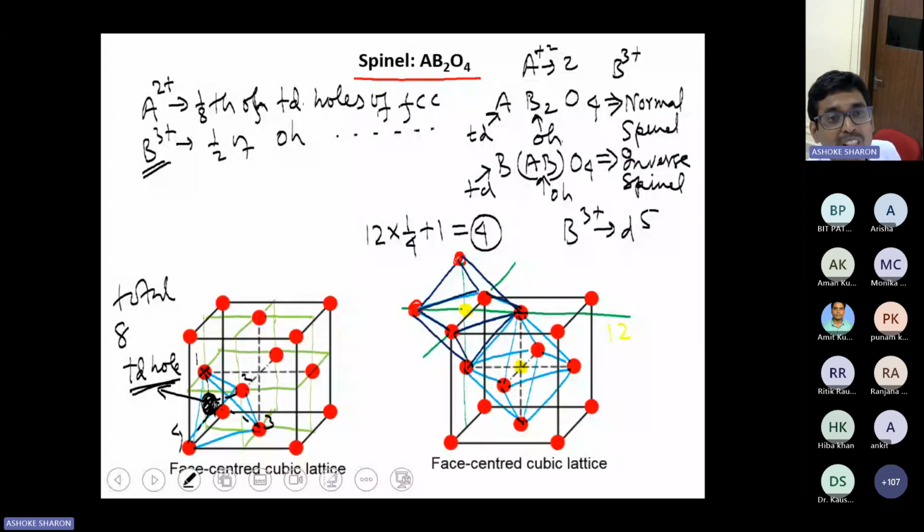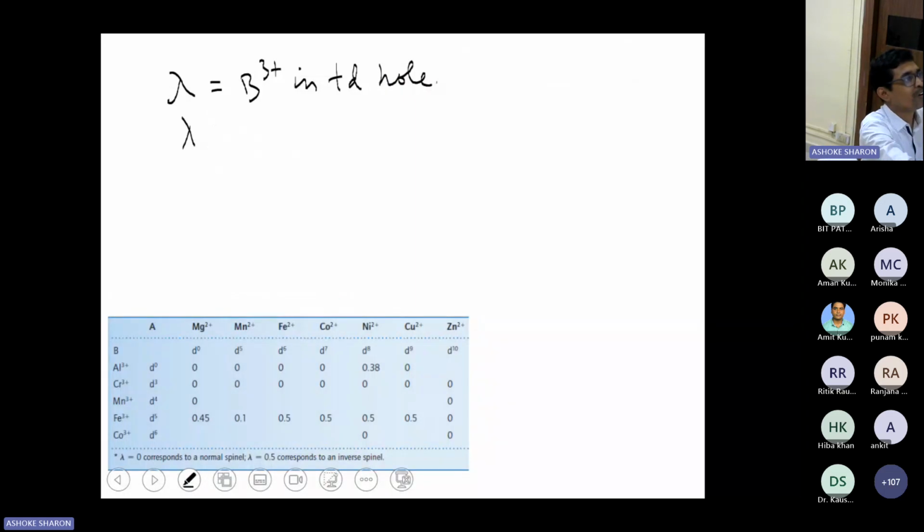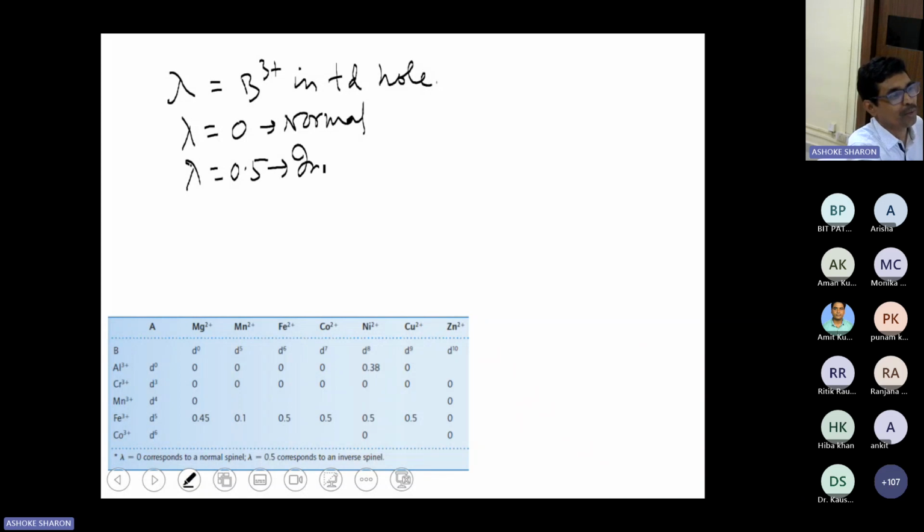In the normal spinel, all the B3+ is in the octahedral hole. So the maximum value of lambda is 0.5, and the minimum value is 0, for the normal spinel. Lambda is 0 for normal spinel and 0.5 for inverse spinel. So this is the limit, 0 to 0.5. If the lambda value varies, then they adopt this.